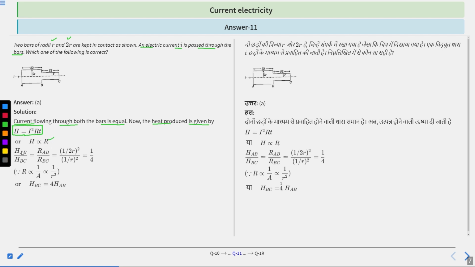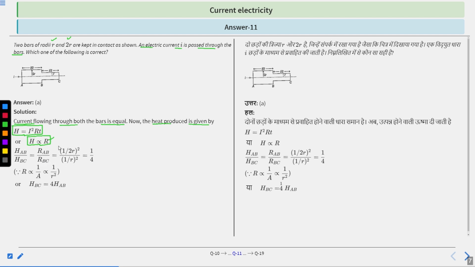So heat produced in bar AB divided by heat produced in bar BC is equal to resistance across AB divided by resistance across BC, just because H is directly proportional to R. The resistance across AB is proportional to 1 divided by (2R) whole squared, and the resistance across BC is proportional to 1 by R whole squared.